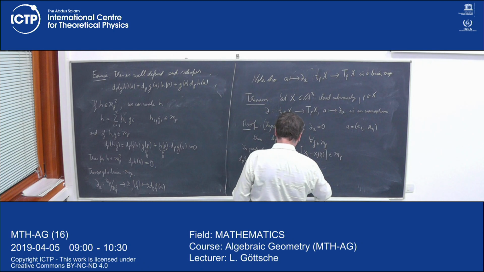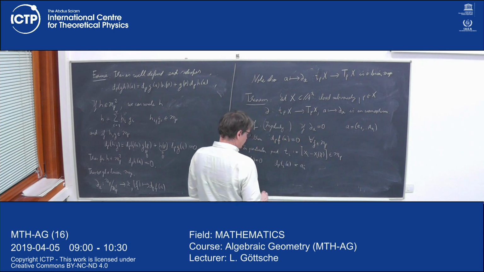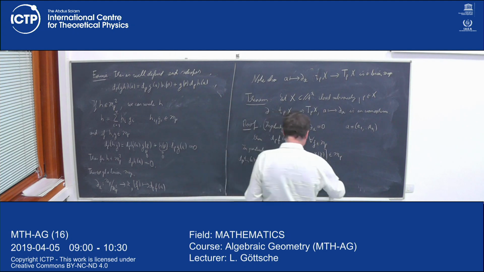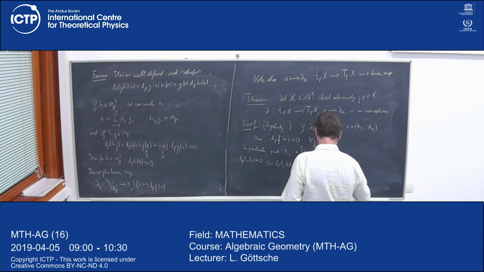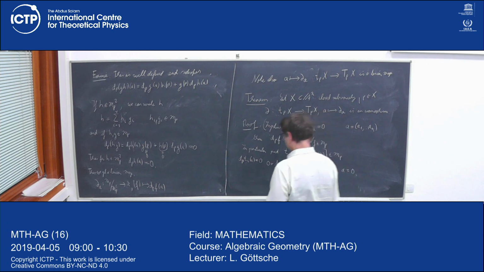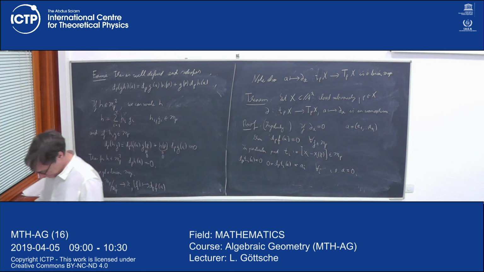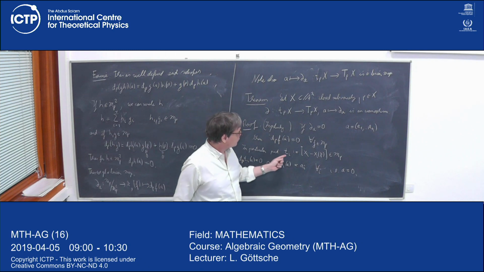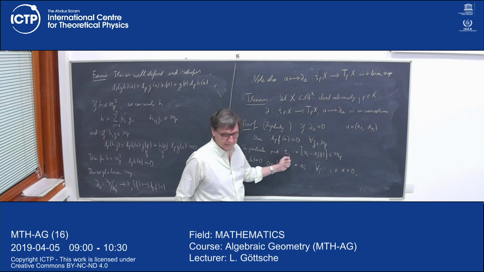So this is just A_i. So we have that A_i is 0 for all i. That means A is equal to 0. So that's the injectivity. We notice we can single out the components of this vector by applying it to these.